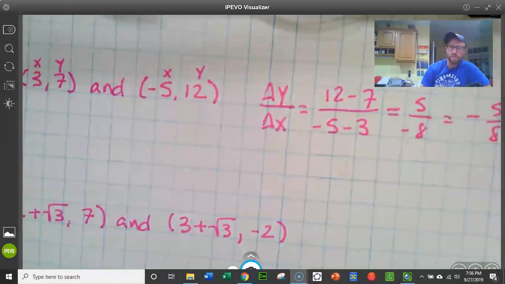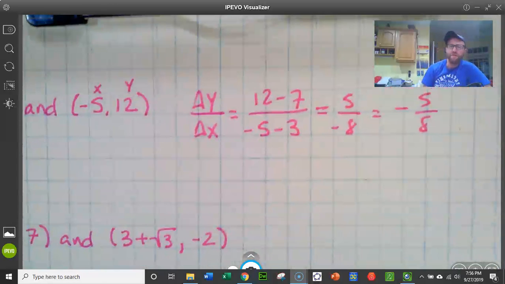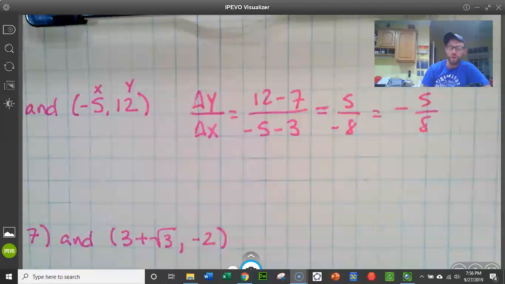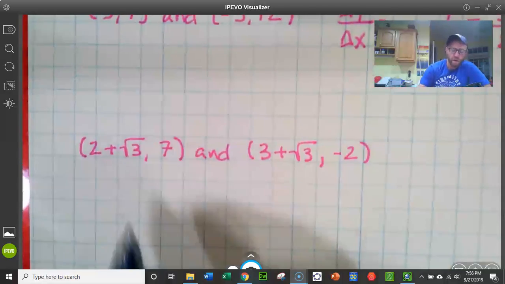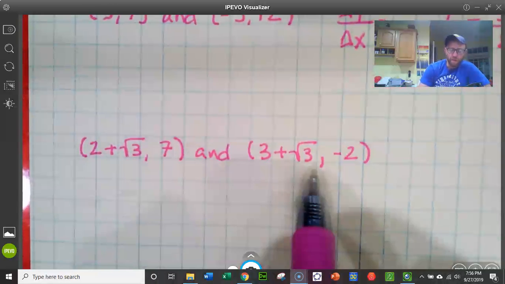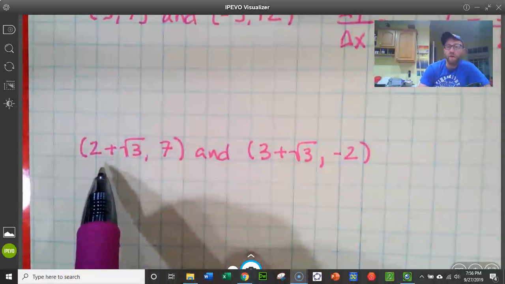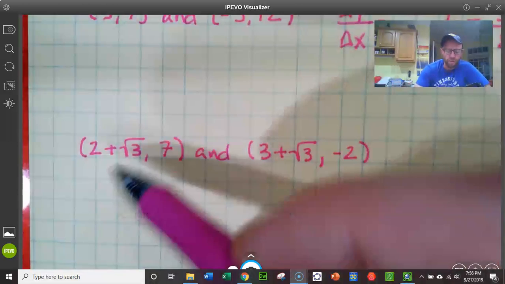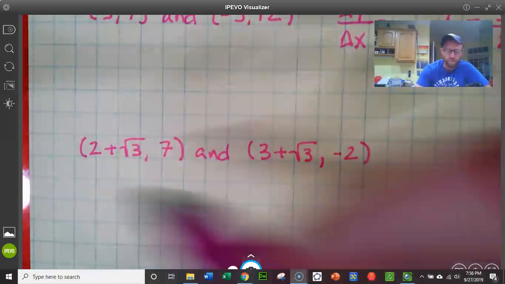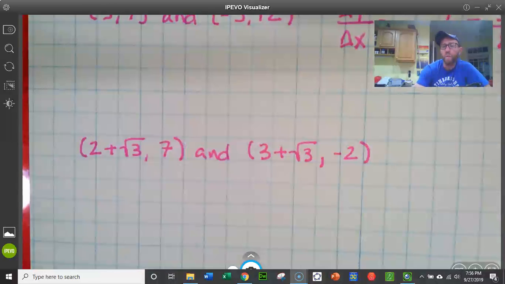Alright, but that's just a regular slope calculation with normal integer coordinates. But it doesn't have to be that way. Here we've got a couple of x coordinates that are irrational numbers. So 2 plus the square root of 3, which altogether is approximately, well, the square root of 3 is like 1.7 something, so it'd be 2 plus that, or 3.7 something.